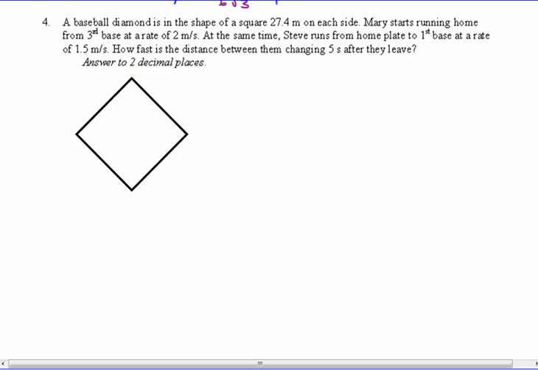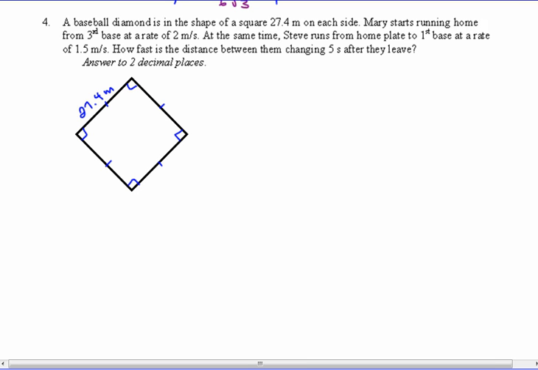A baseball diamond is in the shape of a square, 27.4 meters on each side. Right, here's our diamonds.